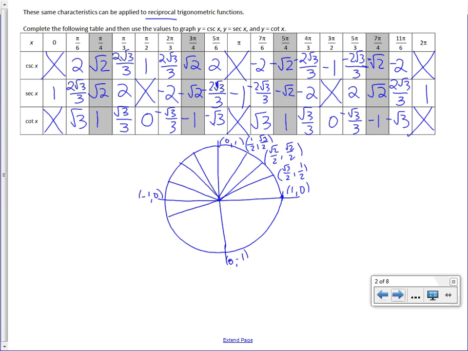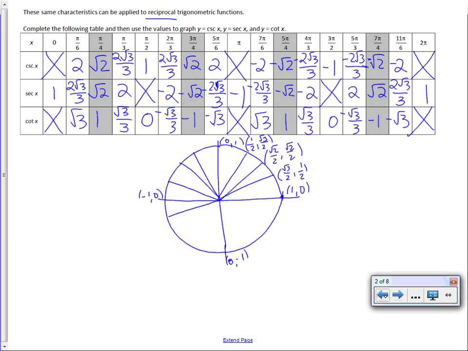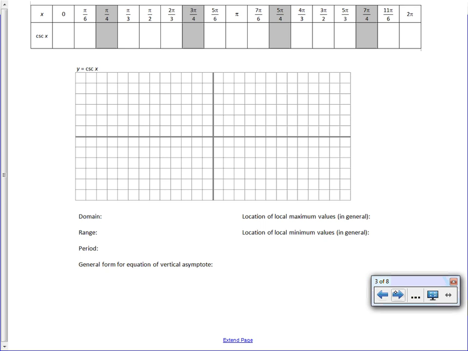Now, based on this, we're now going to see what the sketches of these look like. So, I know it seems a bit tedious, but just so you have the reference for the values we're going to plot, we're going to redo each row above each graph. You have these on the previous page, so I'm just going to copy it quickly.